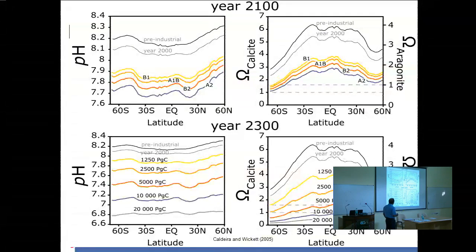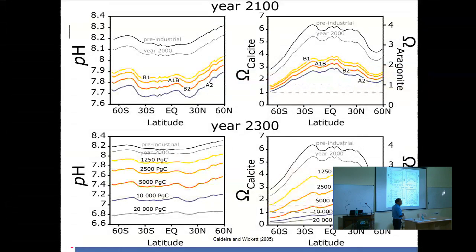Now, this is by year 2300, if you emit various amounts of fossil fuel emissions, like 1250 petagrams, 2500 petagrams of carbon. Currently we are emitting about 10. Suppose our emission rate becomes 25 petagrams of carbon per year, and this emission rate takes place over 180 years.